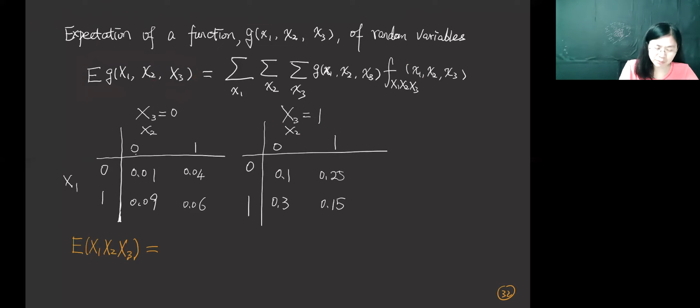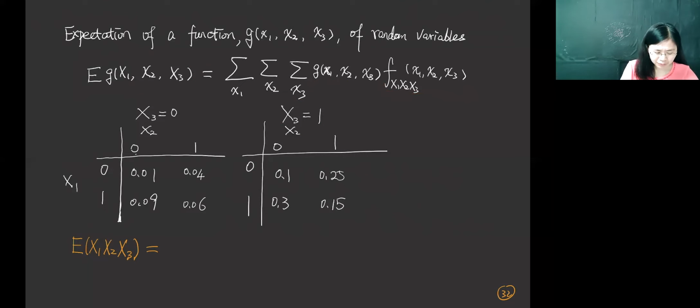In the same principle as we defined all expectations, this expectation is a weighted average over all the possible values of the arguments of the g function, all the possible values of the random variables x1, x2, and x3. We sum up the values of g evaluated at these values of x, and we use the weight that's given by the joint probability mass function of the three random variables.